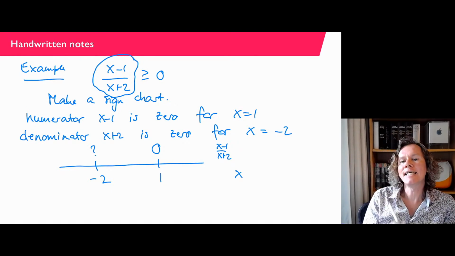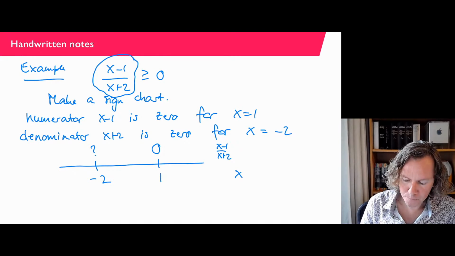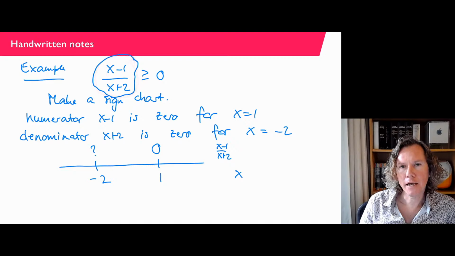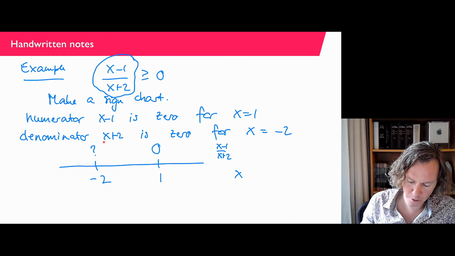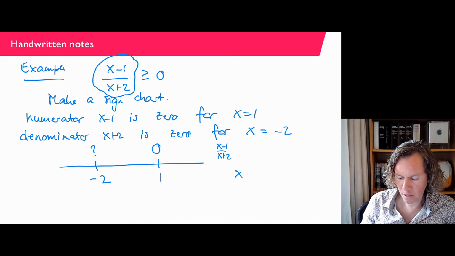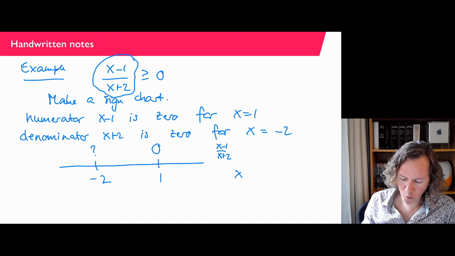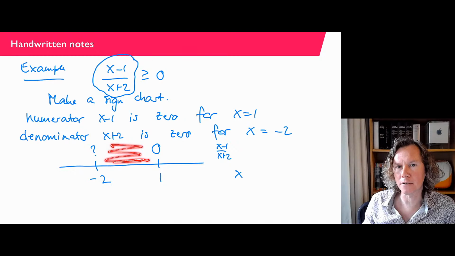Now, the idea is that the whole expression, this whole thing here that I encircled, is positive or negative or special, and special we already covered, which means that for all the values in between minus 2 and plus 1, it is either plus or minus.